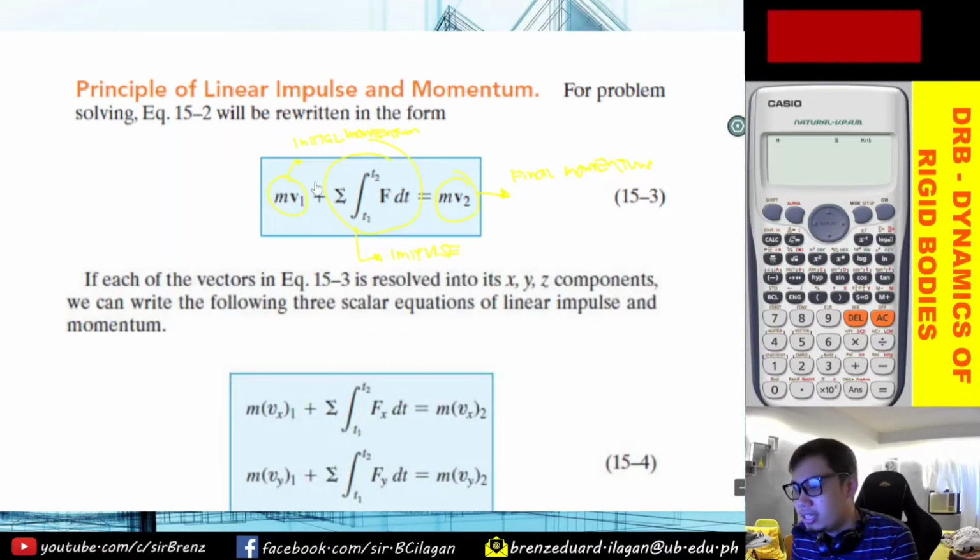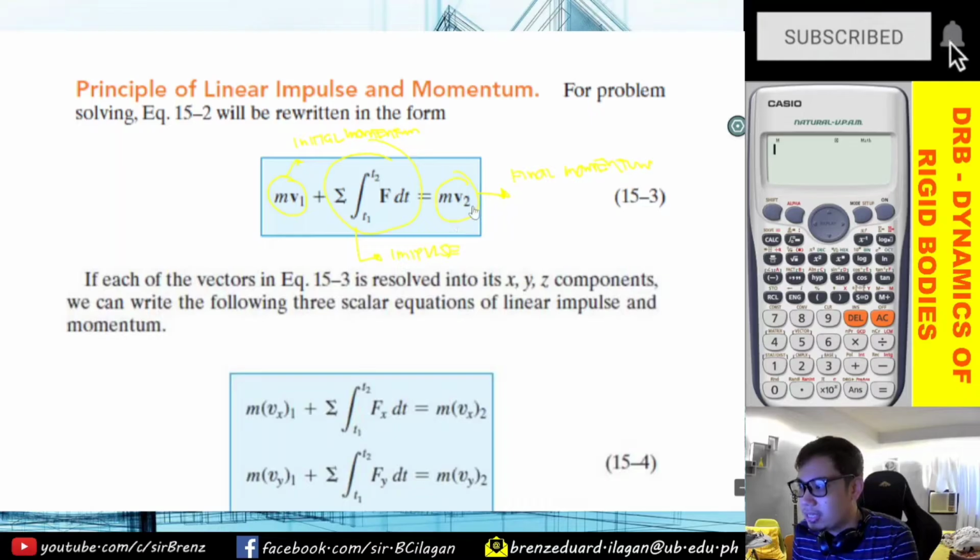So again, the initial momentum plus the summation of the impulse is equal to the final momentum.